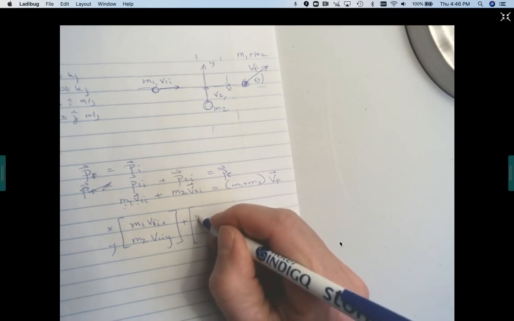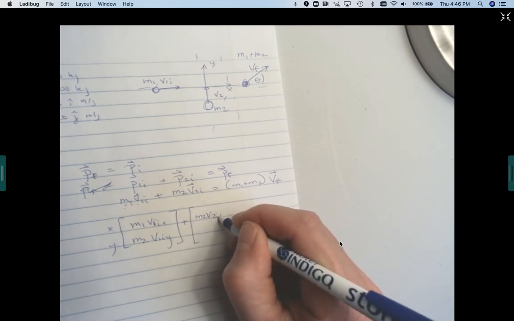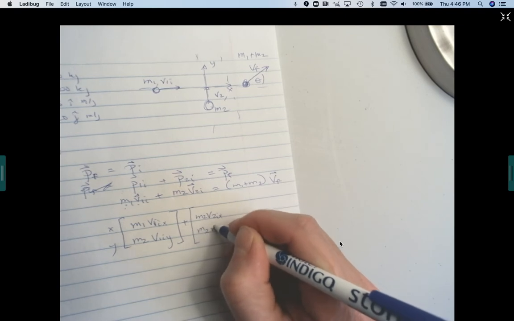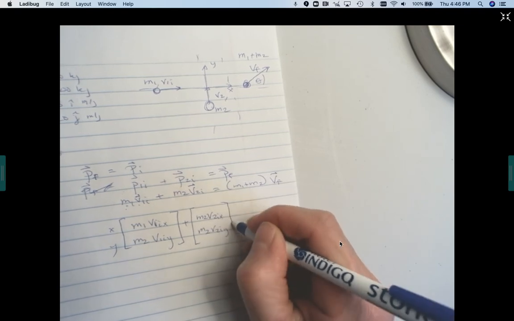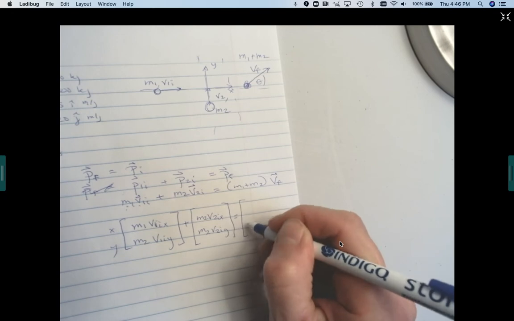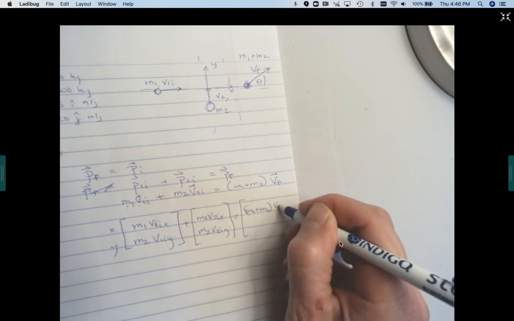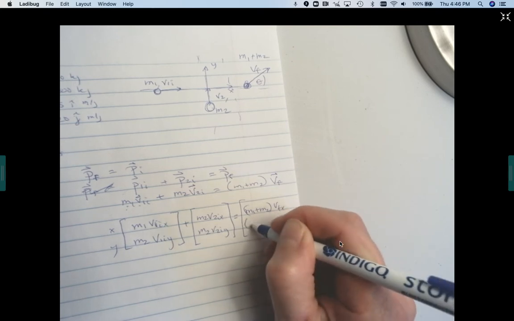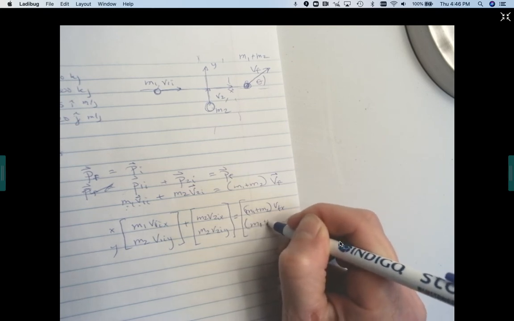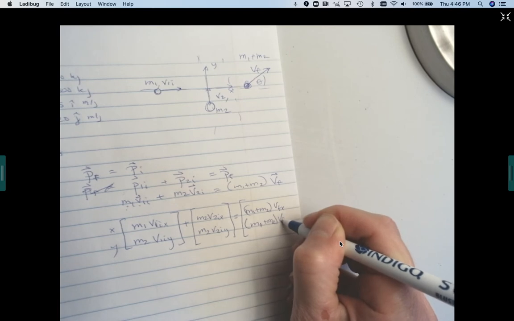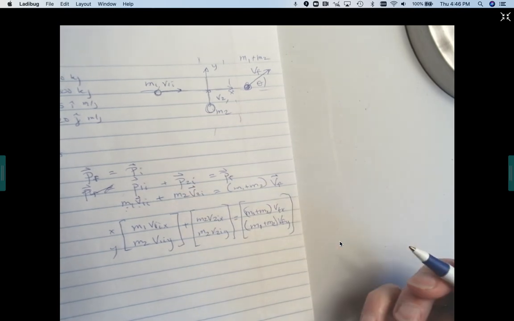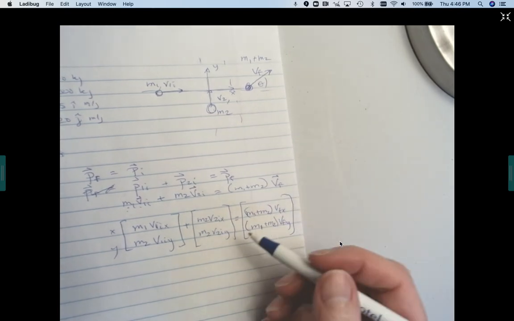And then we have m2 v2 initial x, m2 v2 initial y, and that's going to be equal to m1 plus m2 v final x, m1 plus m2 v final y. And I know a lot of these terms are zero. I'm just putting it all in here for completeness, okay?